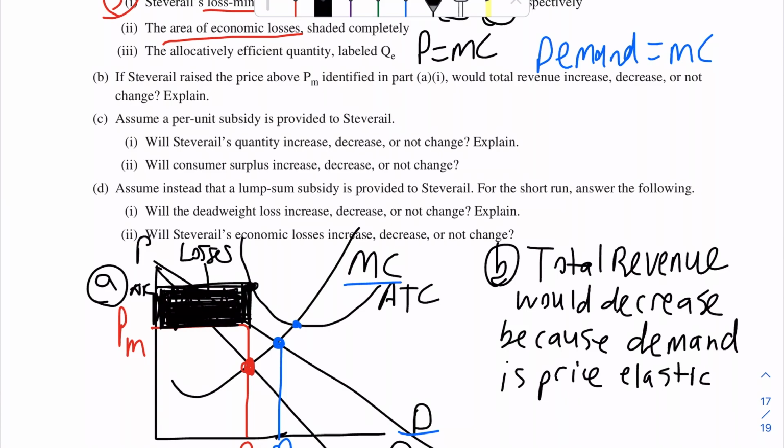Well, more like because demand is price elastic and where marginal revenue is greater than zero. Okay?